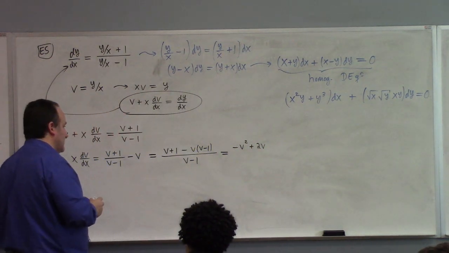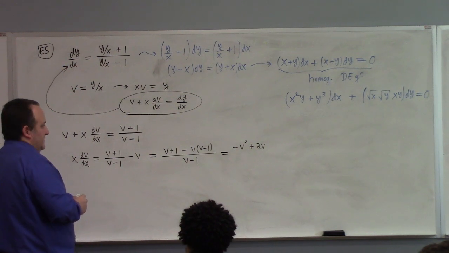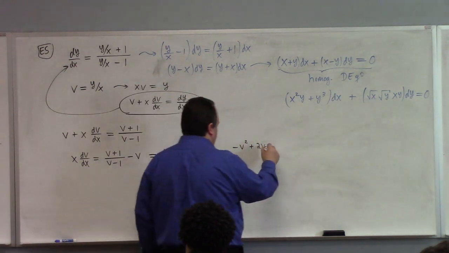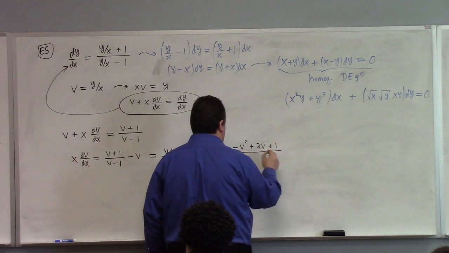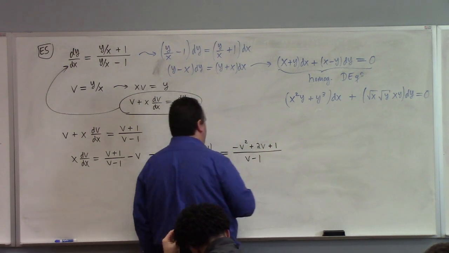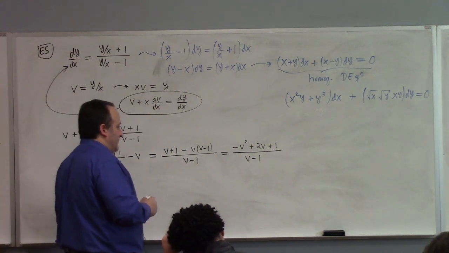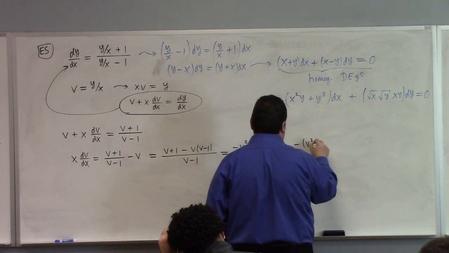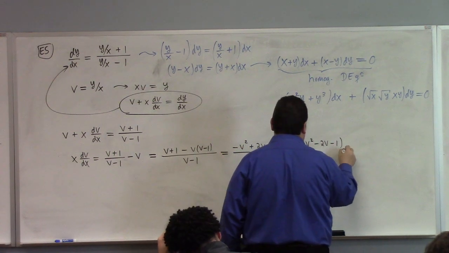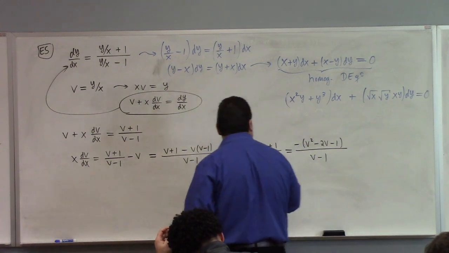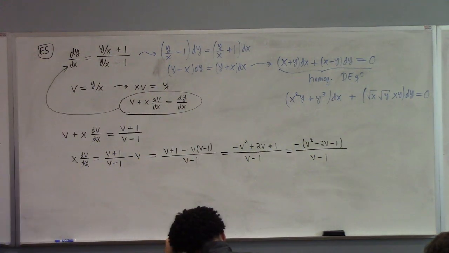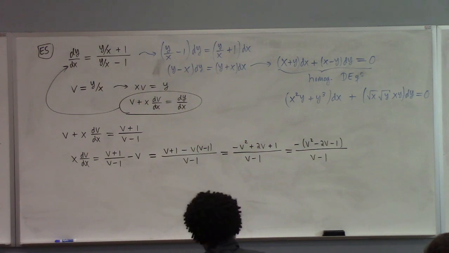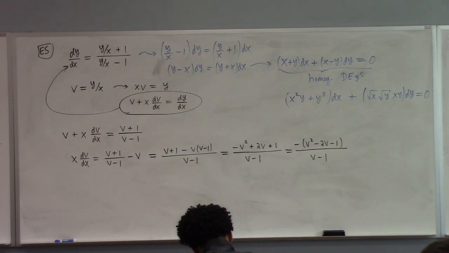And I guess there's a 1, right? All right. I think I will do better if I factor a minus out. So that's a minus v squared minus 2v minus 1 divided by v minus 1. Which is all we need.